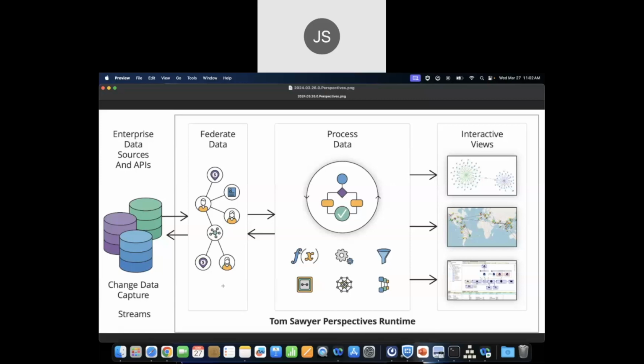And so once the data is brought together into the single graph model, then the data can be processed and transformed. And then we can create interactive applications with views of several different types for the data and is tailored for a specific use case.